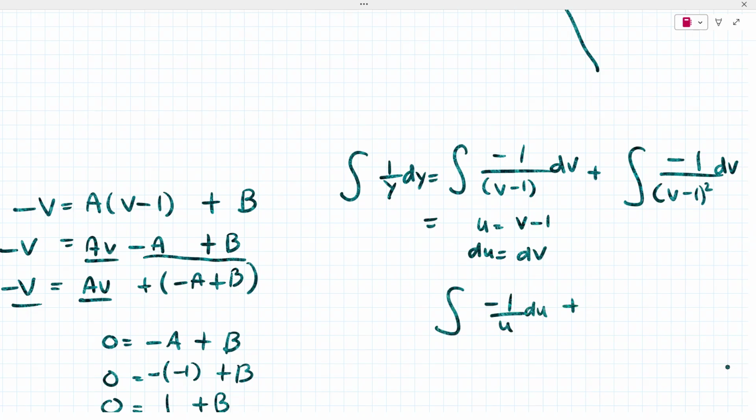Plus over here, how would we do this? You would have to do u substitution, and my u would be v minus 1, and then my du is going to be dv. So that's going to be the integration of negative 1 over u squared du.